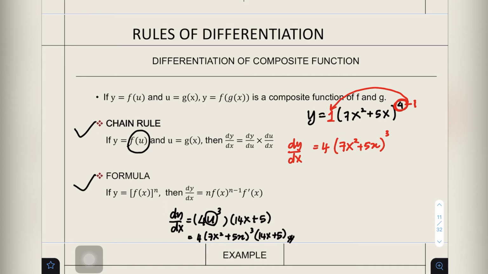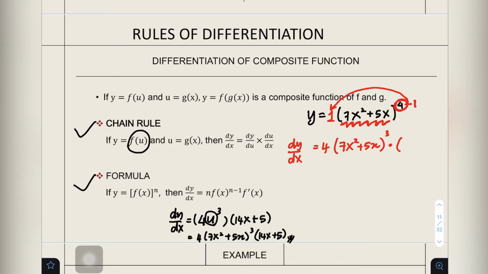For composite function, we have step number 3 where we need to multiply all the equation that we have here with the differentiation of whatever equation that you have inside the bracket.